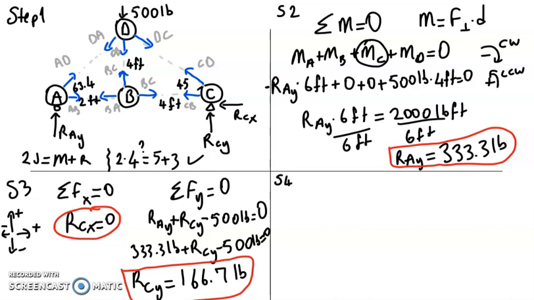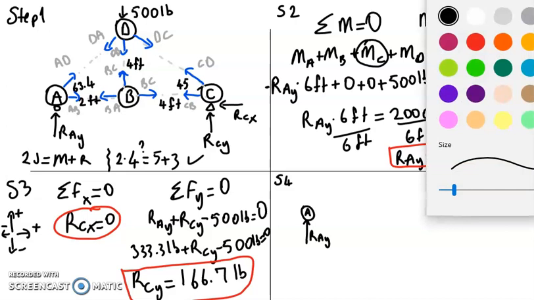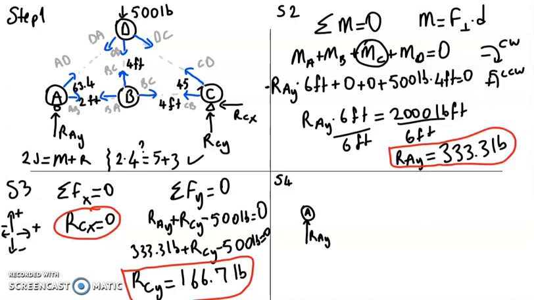So I'm going to draw point A here. Let me draw it small. At point A we have RAY, this is AD, and this is AB.